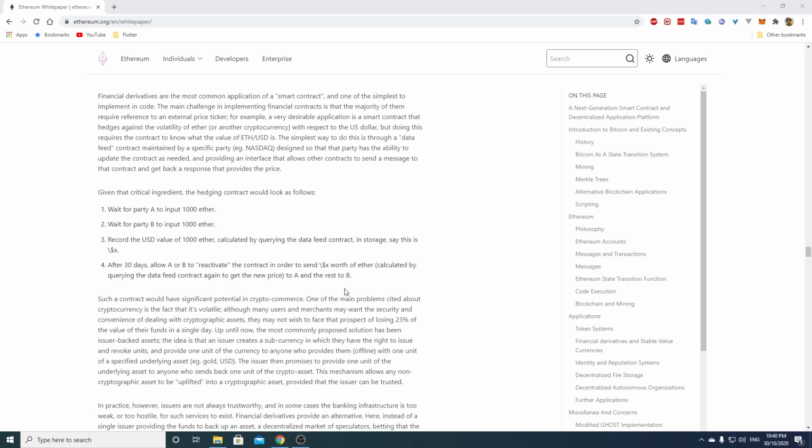Okay, how does it work? What kind of contract is that? So A and B put in 1000 Ether, and then the current price is X, and then we activate the contract in order to send X worth of Ether.